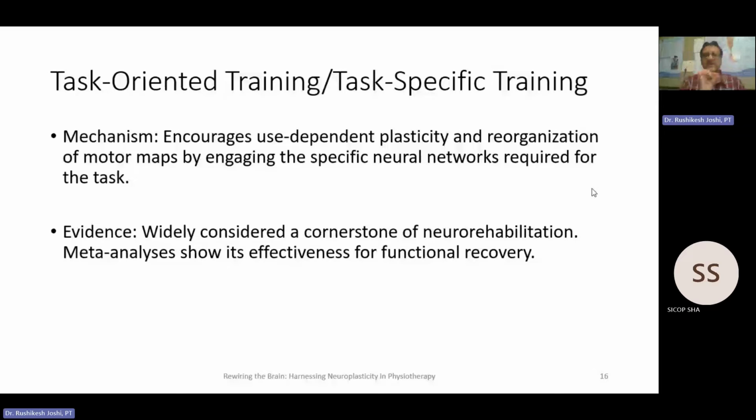You have to design the interventions based on the patient's condition. And mind well, when you do this, you encourage the reorganization of motor maps in the brain. The neuronal networks will get activated and it will lead to good functional recovery. All right, and of course, there is evidence. There are a lot of systematic reviews and meta-analyses which have shown the effectiveness for functional recovery.